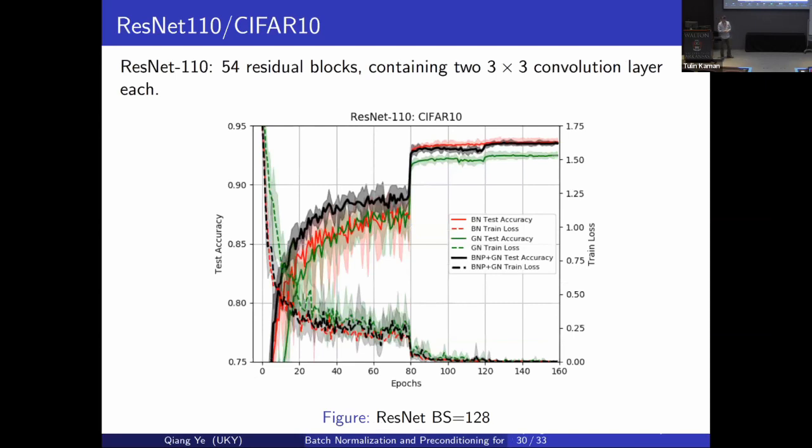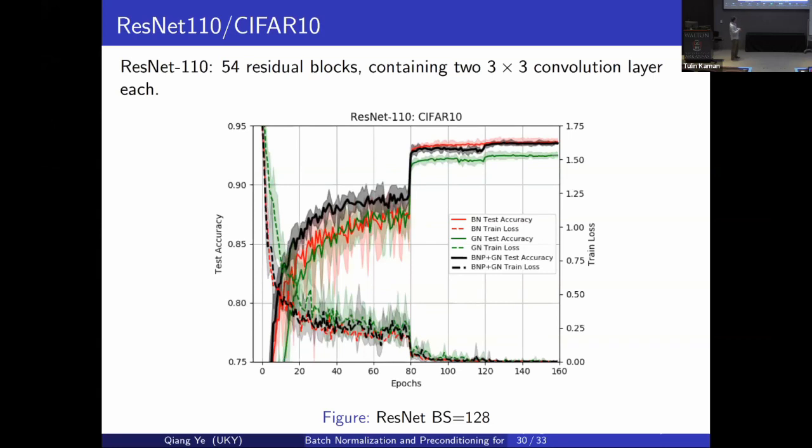So that was a basic network. Here's one where batch normalization has been most successful: the ResNet. Batch normalization basically pushed ResNet to state-of-the-art results, so we also tested on ResNet. Here's a 110 layer ResNet.